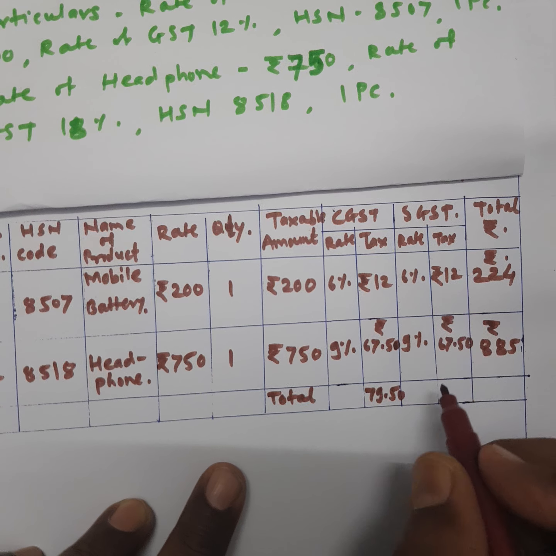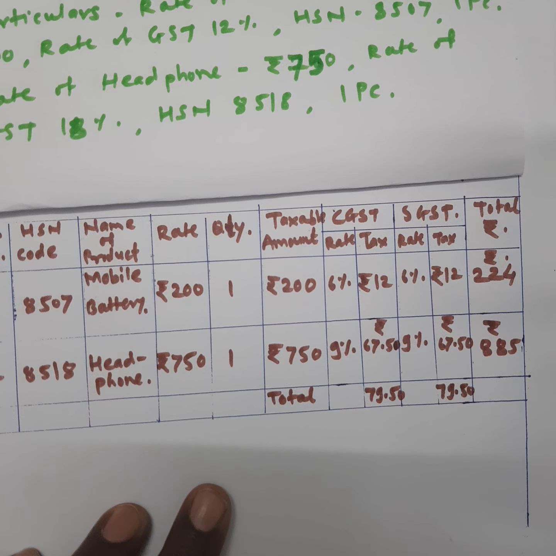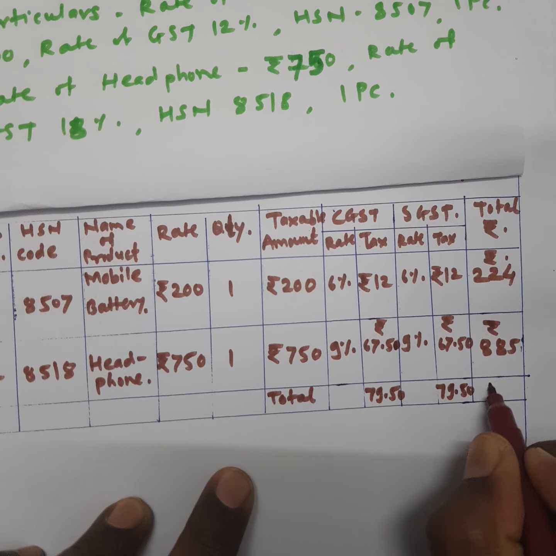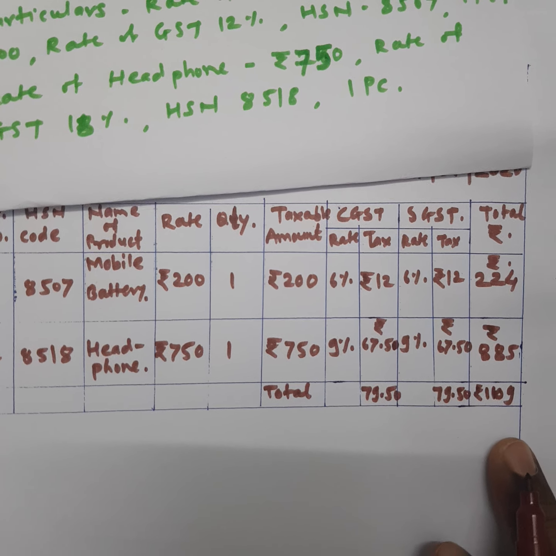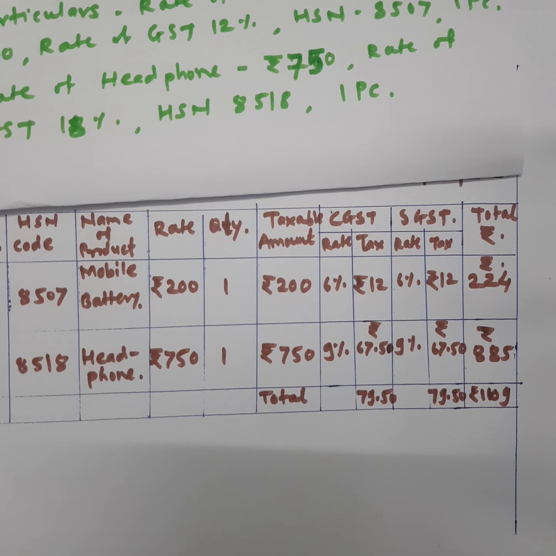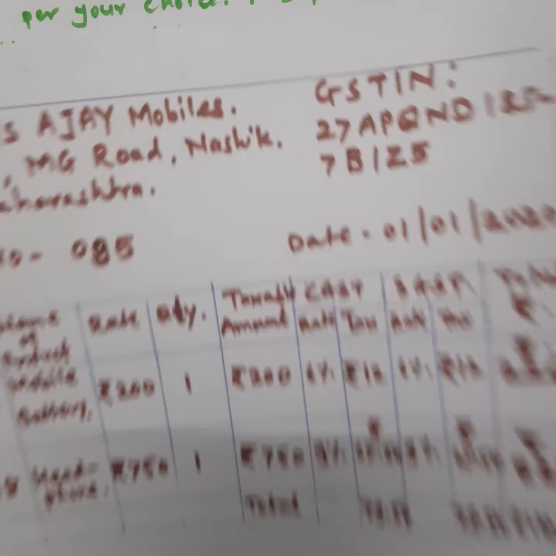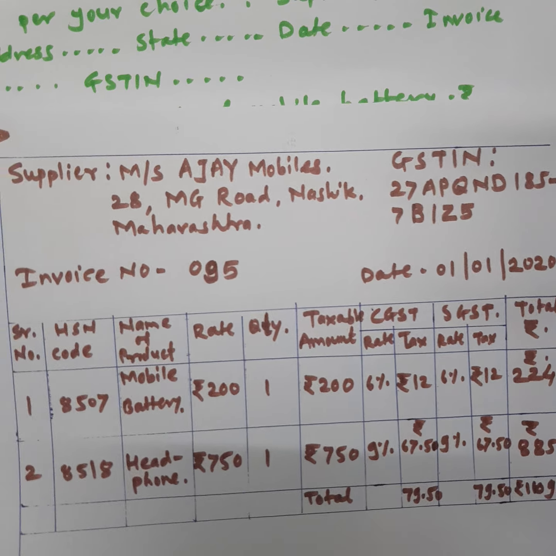Amount of SGST will also be 79.50 rupees, and the total amount to be paid by the customer will be 1109 rupees. This is the invoice to be prepared by the student.